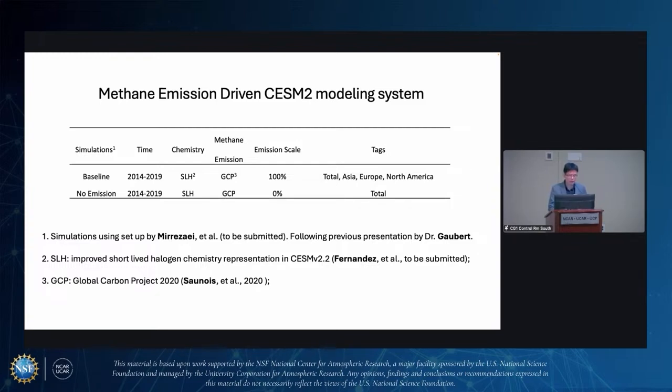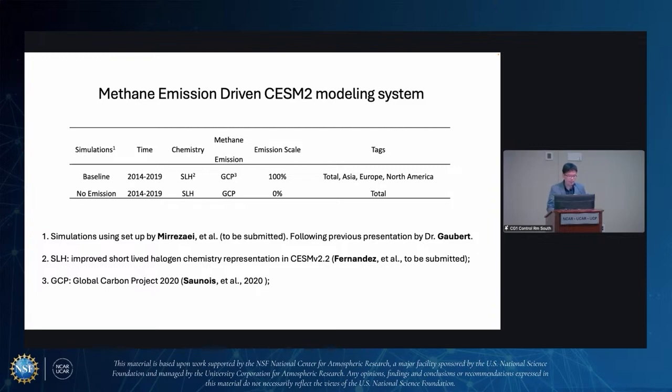They both cover the years from 2014 to 2019, and they use the improved short-lived halogen chemistry, and the methane emission data we use is the GCP 2020 posterior data. For the baseline simulation, we include tags of the total emission, Asian emission, Europe emission, and the North American emissions. We'll talk about this later.